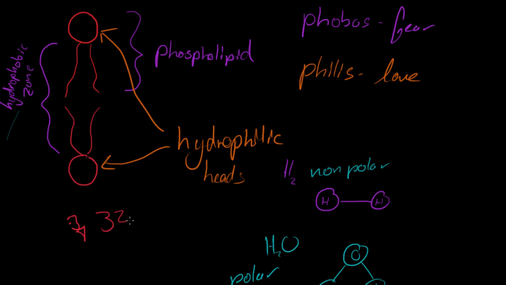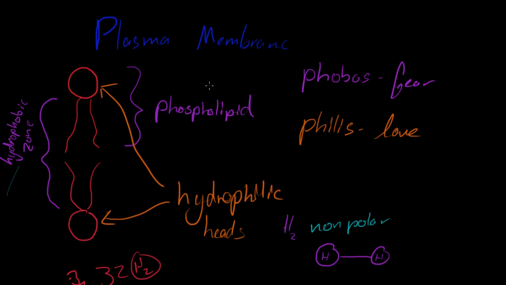So let's just say I have 32 hydrogen molecules on this side, and on this side I have, let's say, 10 hydrogen molecules.